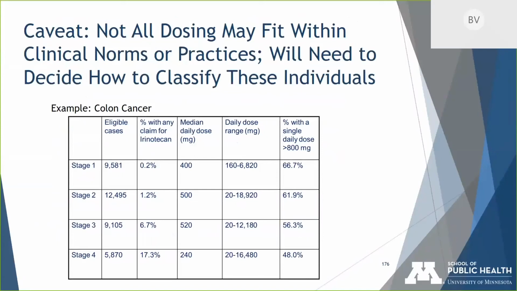And over 50% of individuals had a single daily dose above 800 milligrams, which may not make clinical sense to those of you in practice. So you really just have to step back and consider, well, what do we do with these individuals? Do we think that those individuals really had that dose of therapy, or do we make some other assumptions about a threshold or some other measure for identifying chemotherapy and regimen?